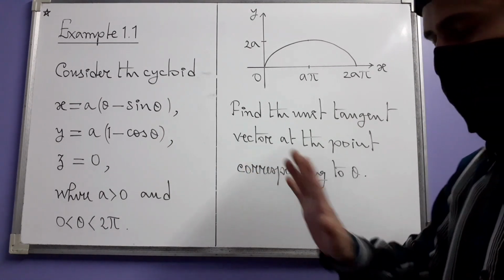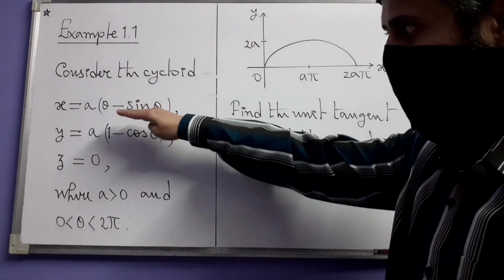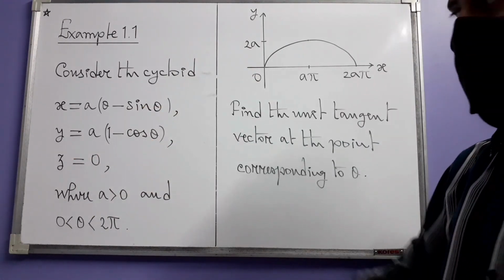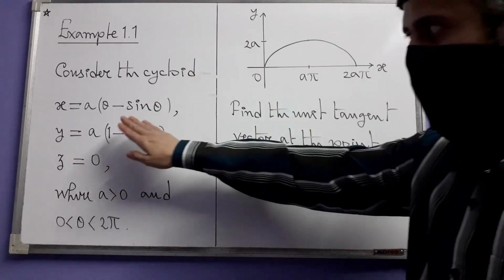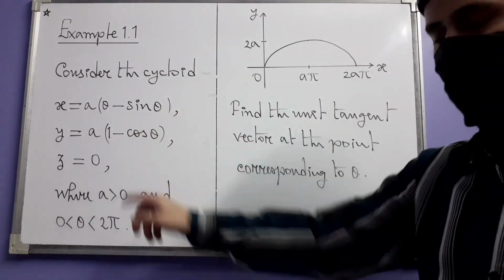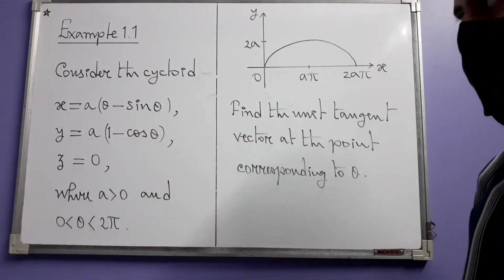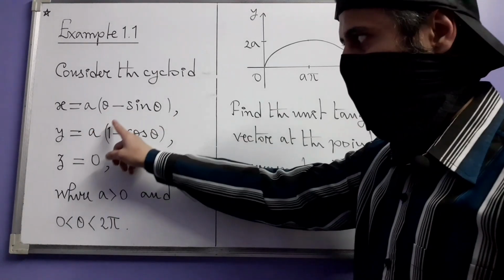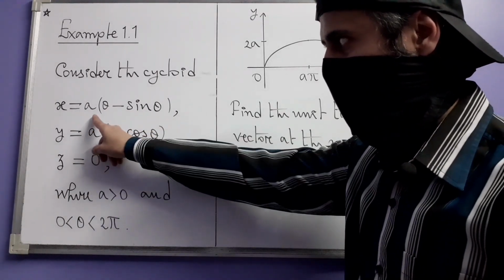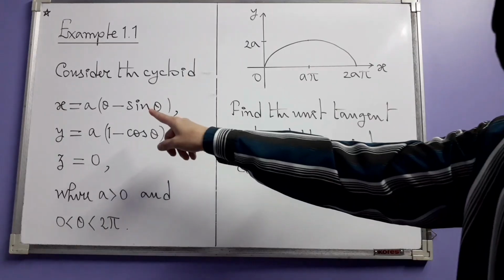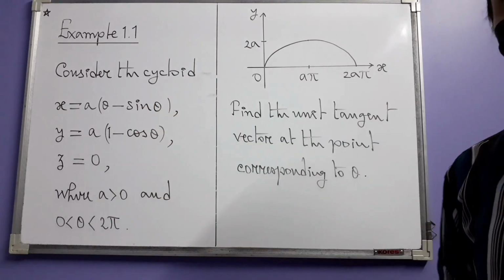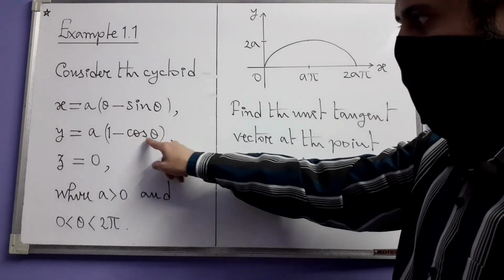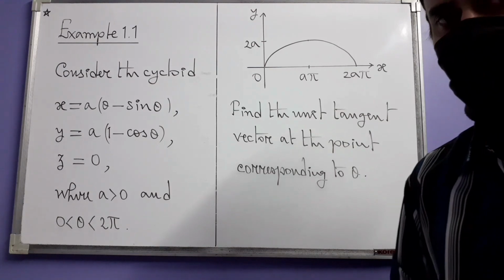That vector itself is not given, but its components are given. This times i hat plus this times j hat plus 0 times k hat will be that r of alpha. Alpha in this case is theta. So the equations that you see here are: x equals a times theta minus sin theta, y equals a times 1 minus cos theta, and z is equal to 0.